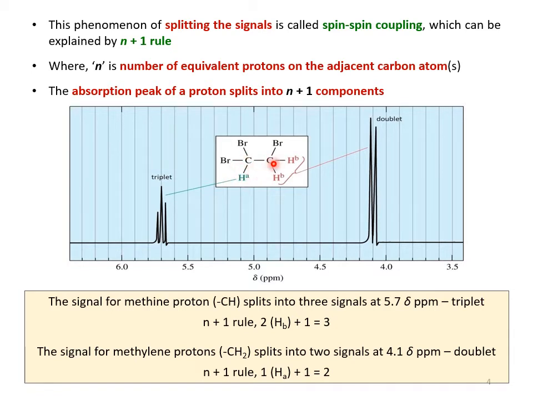Because of this, n+1 gives 2+1, that is 3. Hence, the signal for the methine proton splits into a triplet. Since it has split into 3 signals, it is called a triplet.